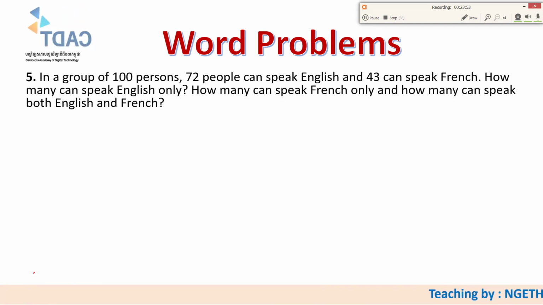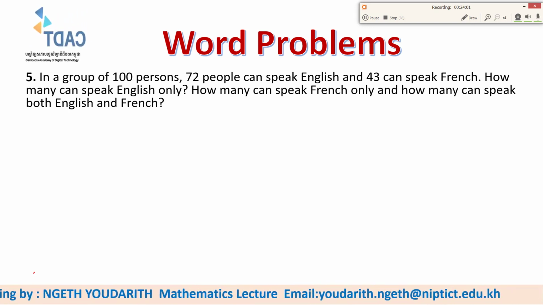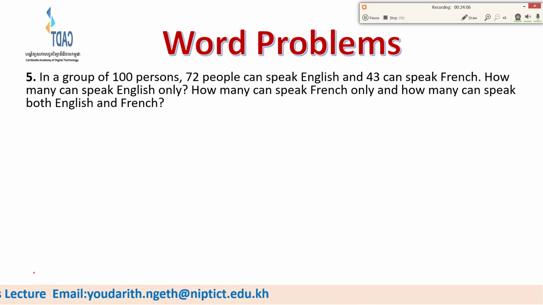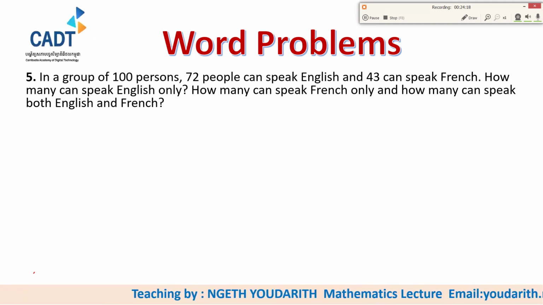And the next: in a group of 100 persons, 72 people can speak English and 43 can speak French. How many can speak English only? How many can speak French only? And how many can speak both English and French?